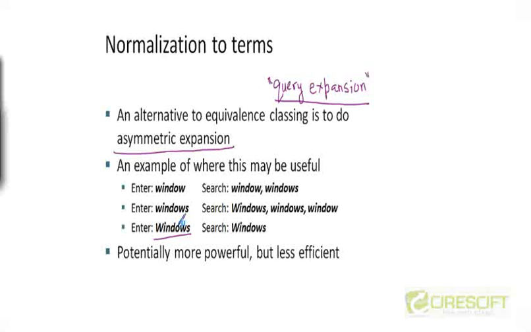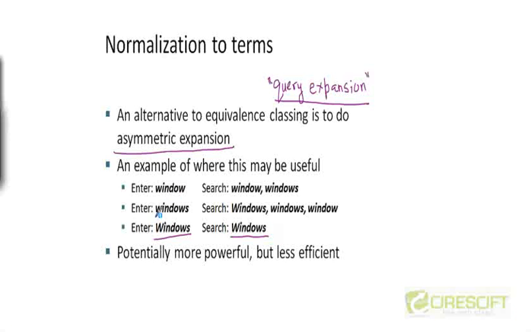Now, it's very likely that this user is searching for the Windows operating system. In that case, you will look up only the same variant Windows in the dictionary, retrieve the postings list and return the documents to the user.